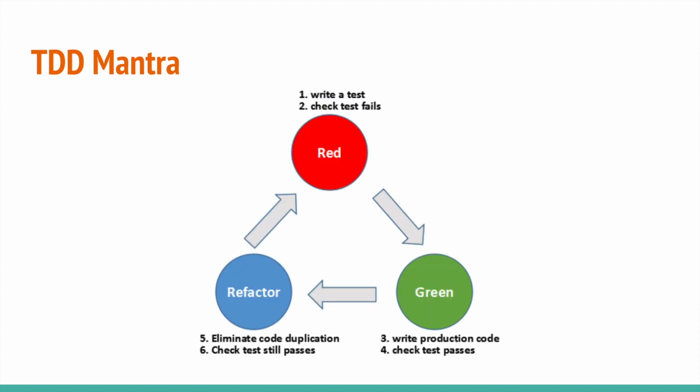So this is the mantra of TDD. First, you write a test and then check that the test fails, of course. Then you make the test go from red to green by writing production code, and then check that the test passes. After you get green, or the test passes, you need to refactor the code to eliminate code duplication and also check whether your test still passes or not.